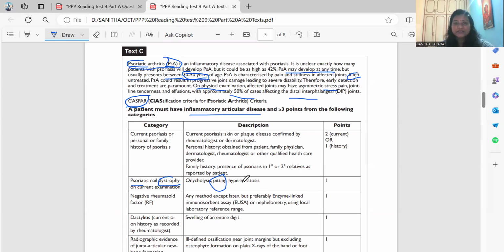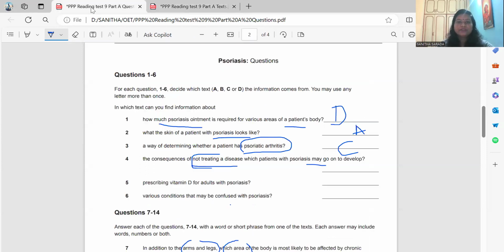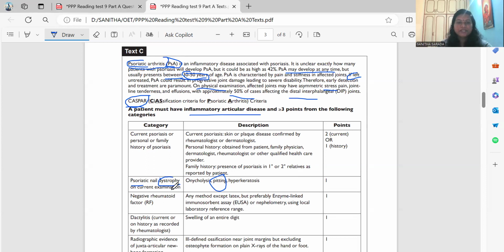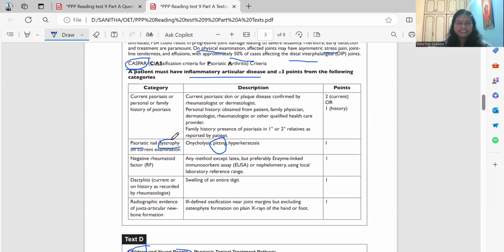The consequence of not treating a disease: a patient with psoriasis may go on to develop what? Here the categories are given: negative rheumatoid factor, dactylitis, current or history of skin plaque.